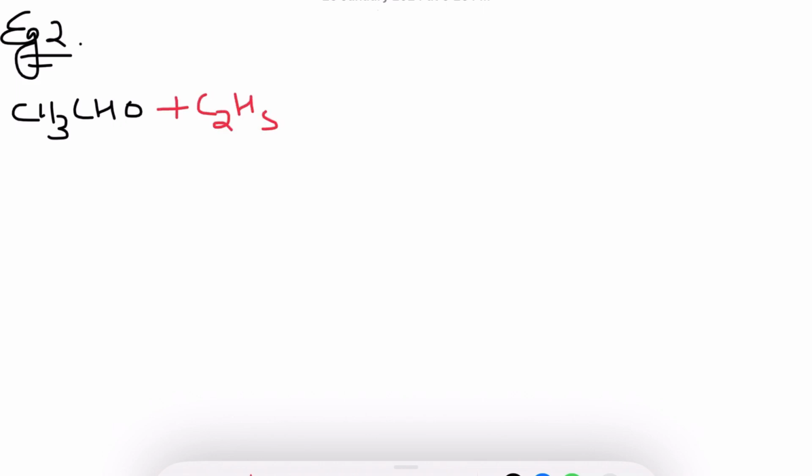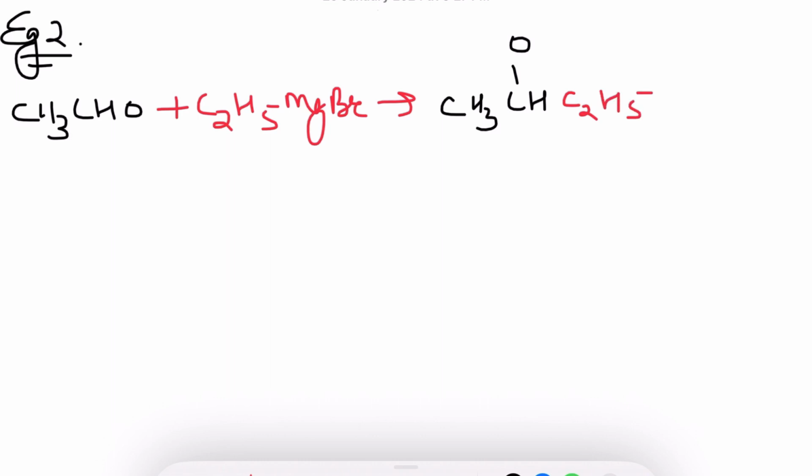Let's take one more example. Example with CH3CHO. It reacts with Grignard to form an addition product in which carbonyl carbon forms a bond with the alkyl part of Grignard, and carbonyl oxygen forms a bond with the magnesium bromide part. Addition product.